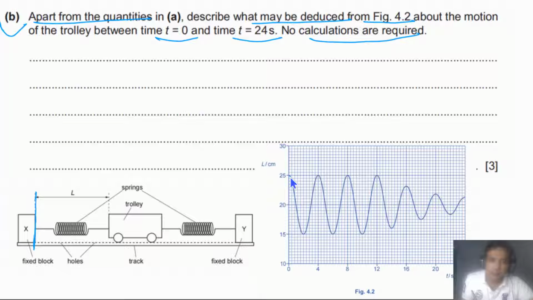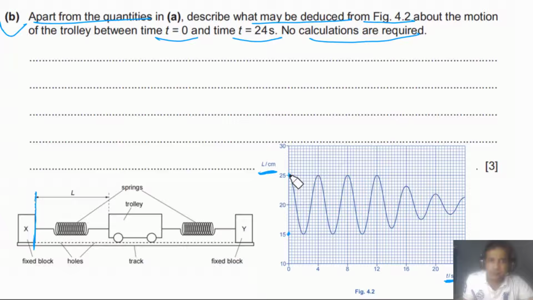If you look at this given graph, we can see the initial position of the trolley is 25, mean L is equal to 25. Maximum value of L is 25 and minimum value of L is 15. We have L on y-axis and we have t on x-axis. It means it is oscillating between two values of L, 25 and 15.